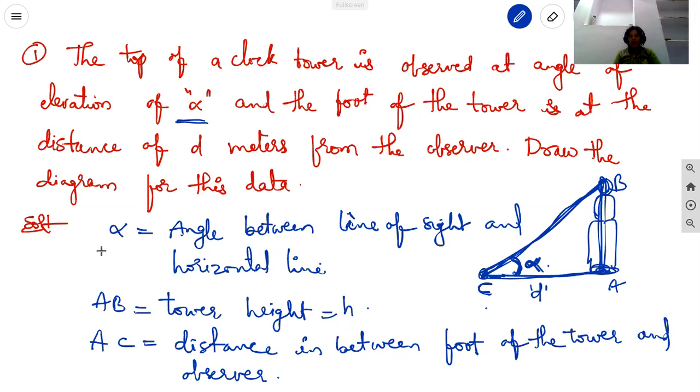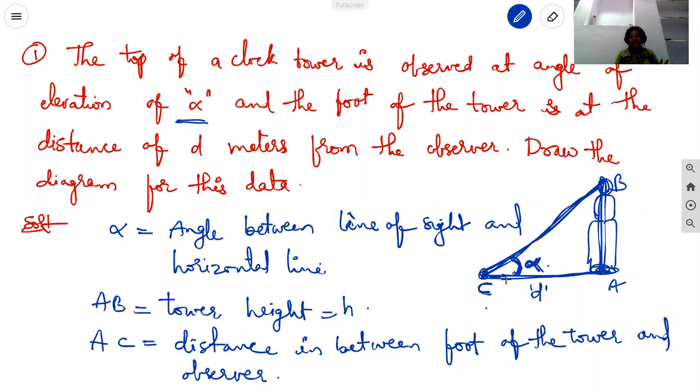Alpha is the angle between the line of sight and the horizontal line. This is the diagram for the given data. Here, the top of a clock tower is observed at an angle of elevation.